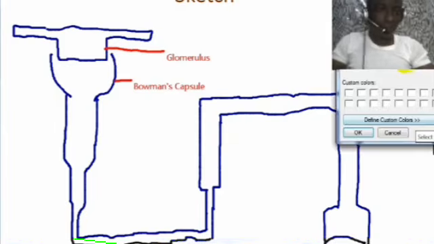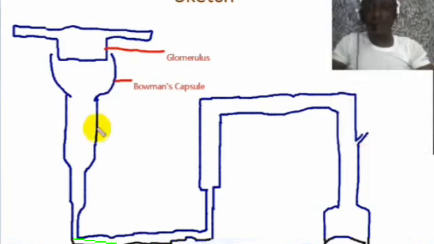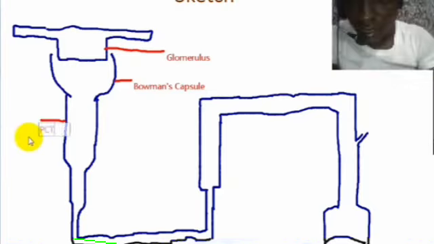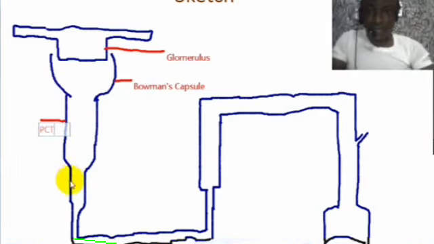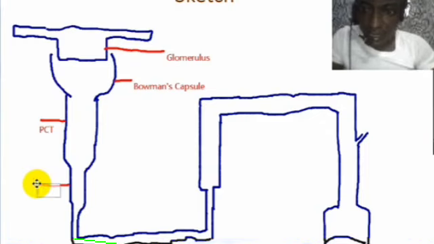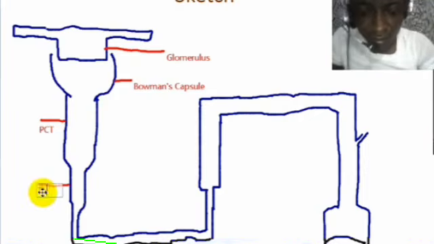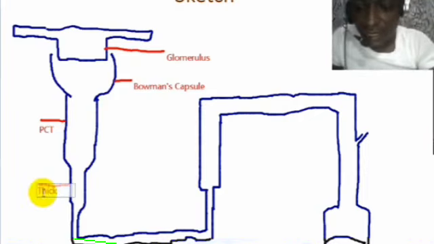So let's label them. This part of the nephron is known as the PCT, that is the proximal convoluted tubule. This part of the nephron is called the thick descending loop of Henle.